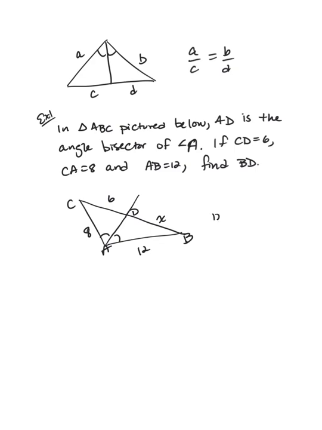So we would just do 12 is to X as 8 is to 6, cross multiply, divide, and then you're done. Okay, so it's really a matter of knowing the theorem. There will be more algebra involved. All right, let's take a look at a problem that has a little more algebra.